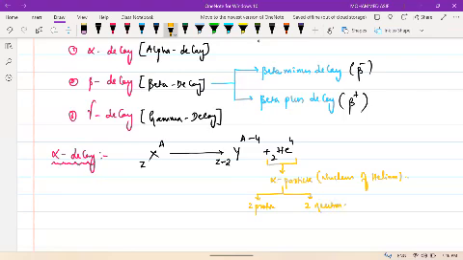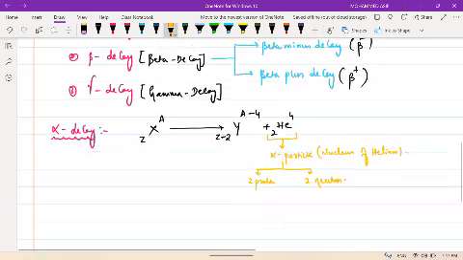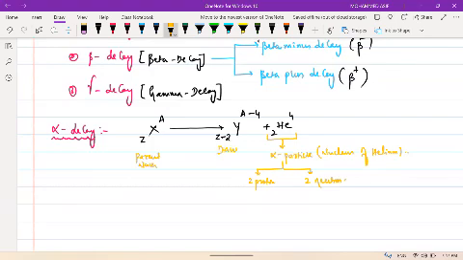So in alpha decay, this is the parent nucleus and this is the daughter nucleus. Atomic number is decreasing by 2, Z minus 2, and mass number is decreasing by 4, A minus 4. That is alpha decay.